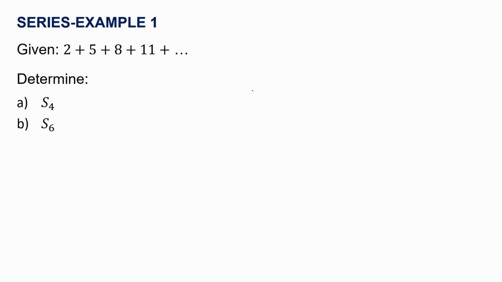Like this, if I say, given this series, 2 plus 5 plus 8 plus 11, going on like that, determine S4. So S4 means what? You're adding the first four terms of this series. So S4 is going to be 2 plus 5 plus 8 plus 11. That's term 1, 2, 3, 4, which is 26. So S4 is 26. What about S6?